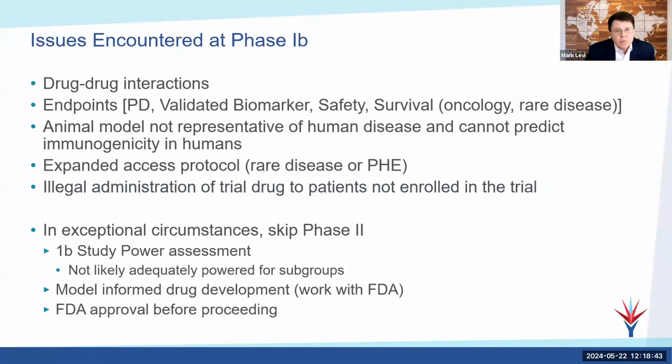You have patients who really want in the trial and can't get in. There can be pressure to slip the drug to the patients not enrolled in the trial, and it's illegal. And so an expanded access protocol is a way to do it legally.